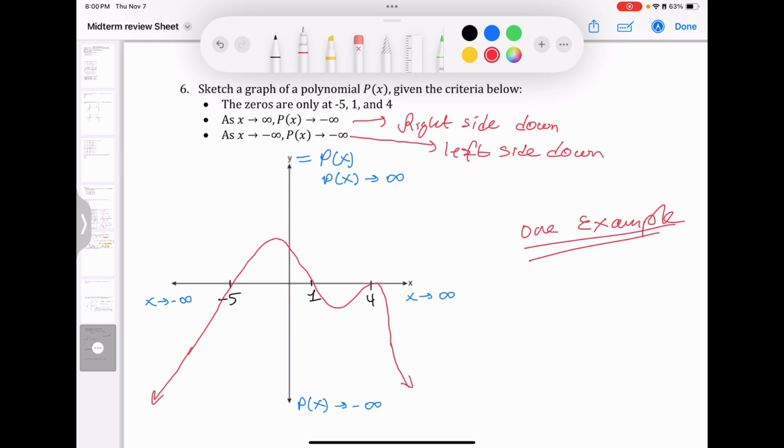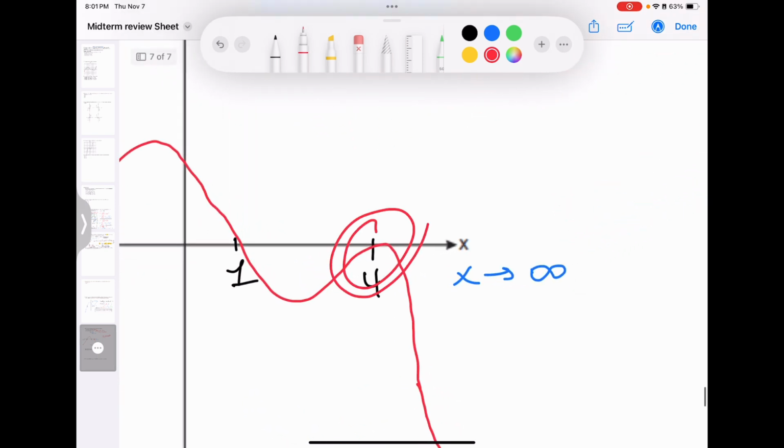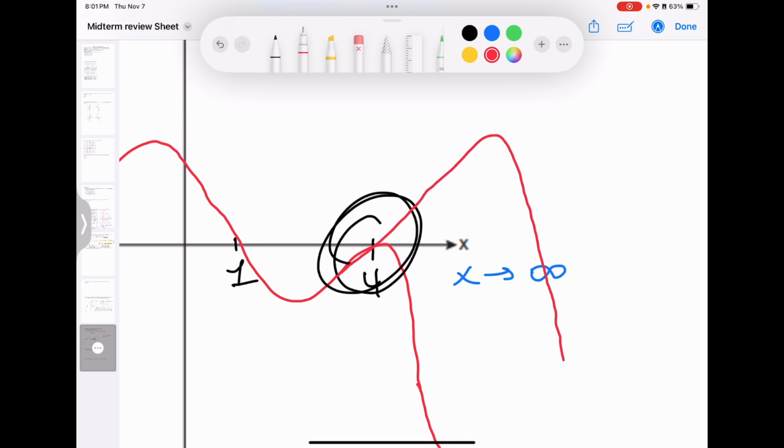Now, why did I draw my graph like that? Well, the only zeros are -5, +1, and 4. So it must contact with x equals -5, x equals 1, and x equals 4. But the reason why I decided to loop it right over here is because in this case, if the right side is going down, if this was to go back up, it'll have to come down again, which means that there is another 0.